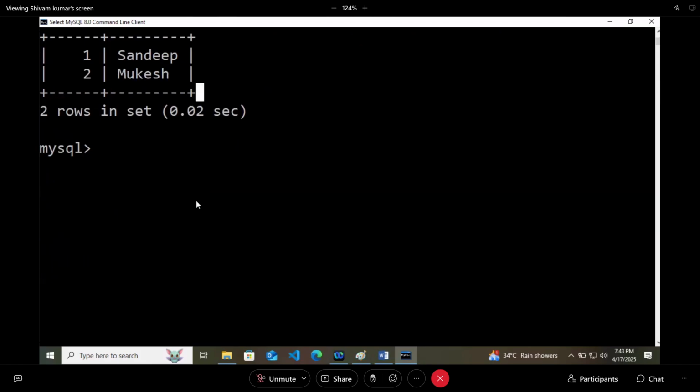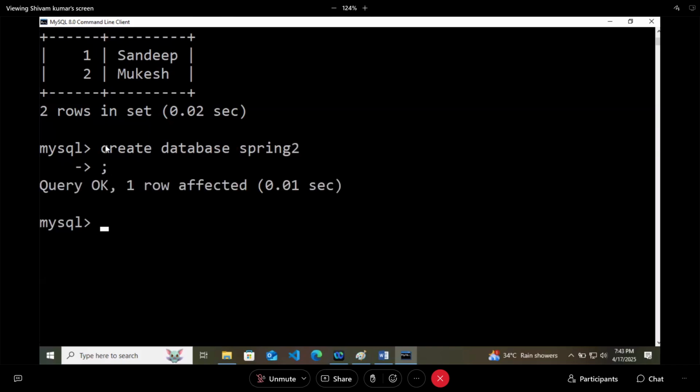Now I want to create a new database. So I will say create database Spring 2, something like this. So now this database is also created by the name Spring 2. Can we check it? So yes, I will hit a query, show databases.